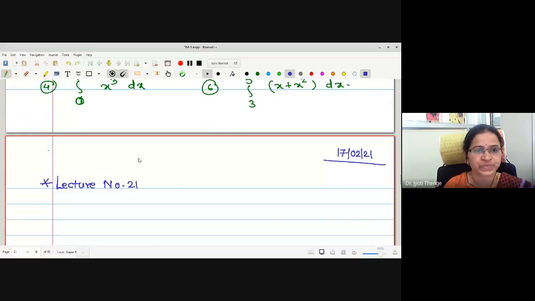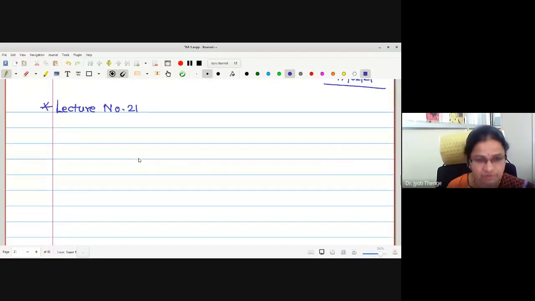Now in today's lecture, we will deal with one more example where the interval under consideration consists of negative and positive values both. Okay, let me write that example. This is the seventh one, no?